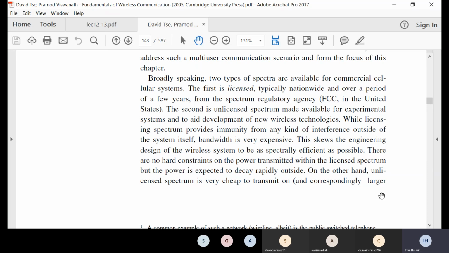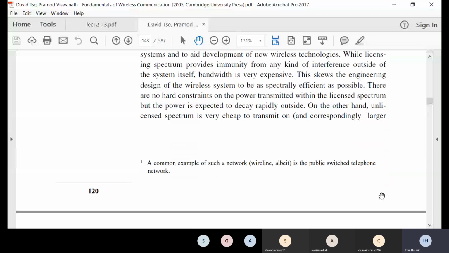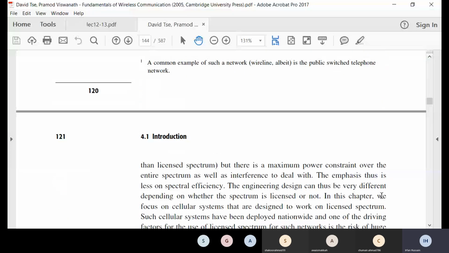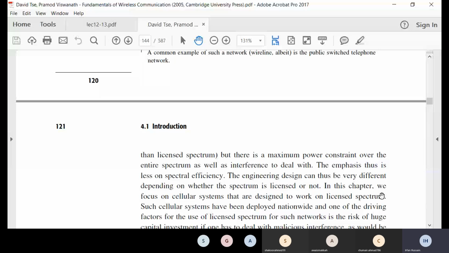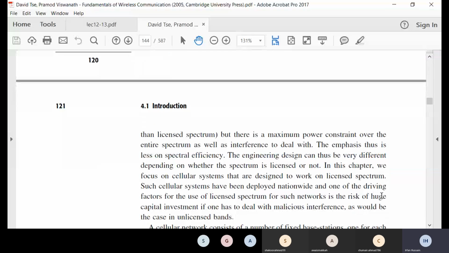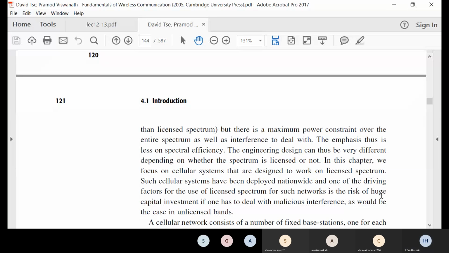Unlicensed spectrum is what the government has just left open. You can develop your own radio and send your signals in unlicensed spectrum, but there is a power constraint. You cannot send very large power, as it will cause interference, and there is no concern of spectral efficiency.